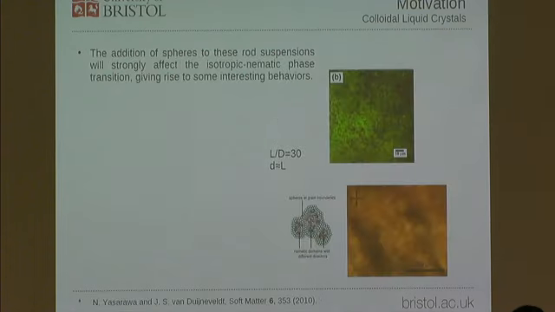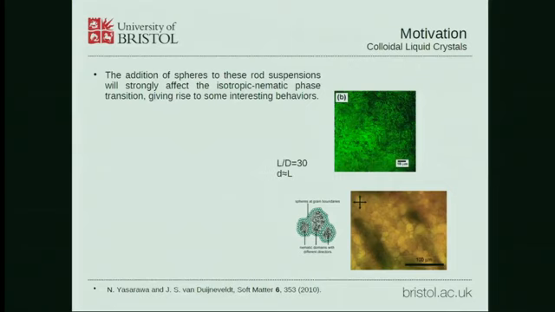Another thing that has been done in our group is mixing these suspensions of rod particles with sphere particles. The system that we have been studying is of rod particles with an aspect ratio of around 30, and the spheres having a diameter similar to the length of the rods.